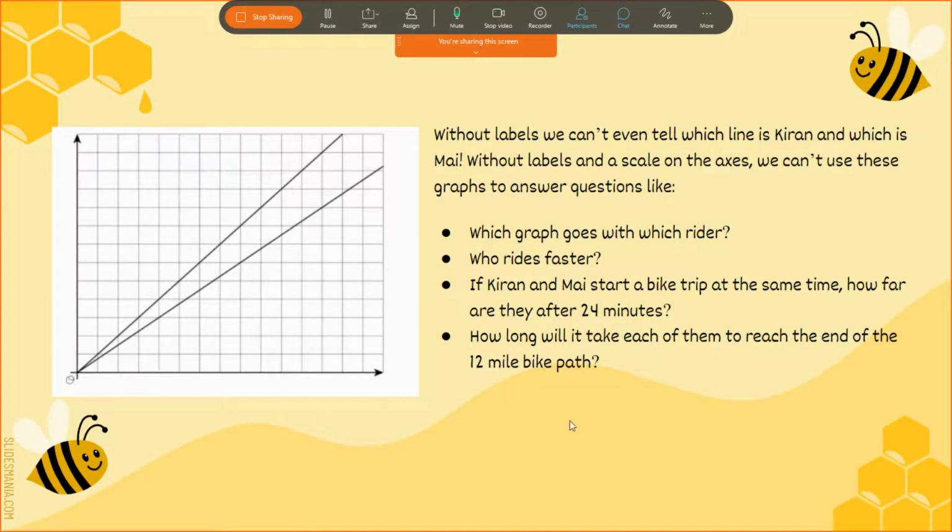Can I tell you where they would both be after 24 minutes of riding? Can I tell you how long it'll take them to reach the end of the 12-mile bike path? No, I can't answer any of these questions because there are no labels on my axes. Please make sure you're typing these questions in your notes under the questions that we can't answer. I'm going to give you a few more moments to do that.